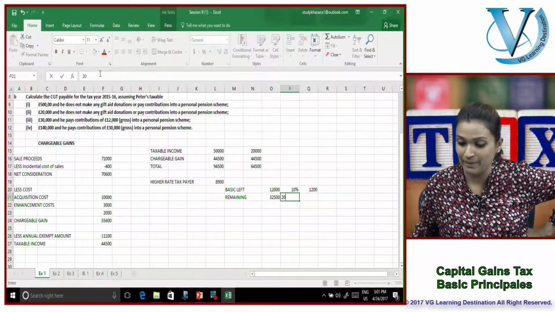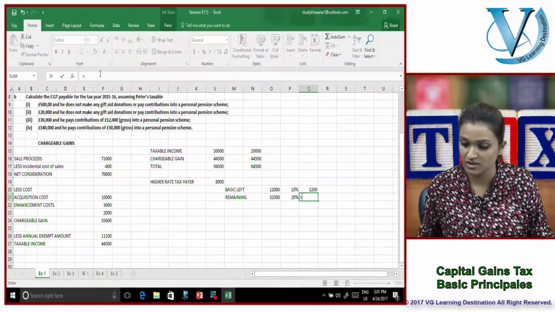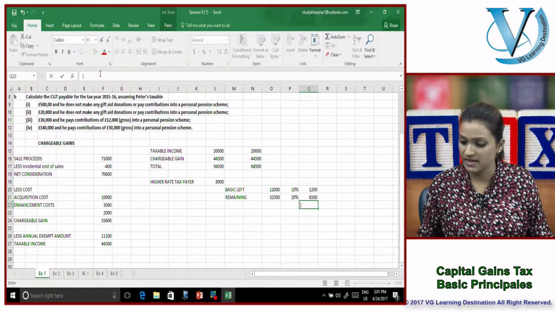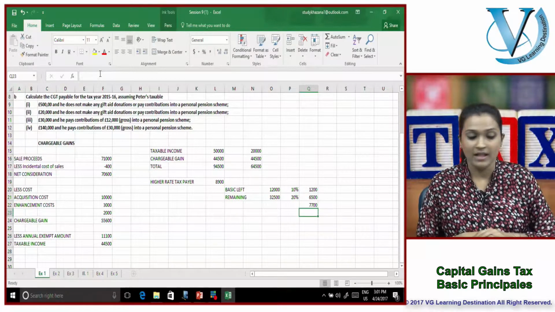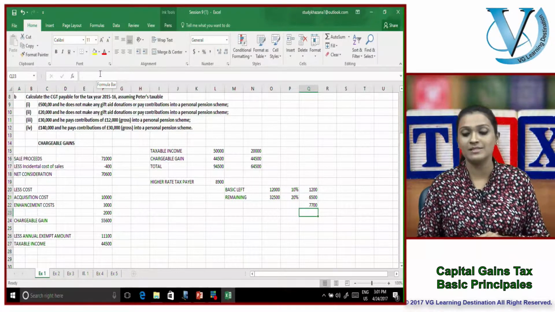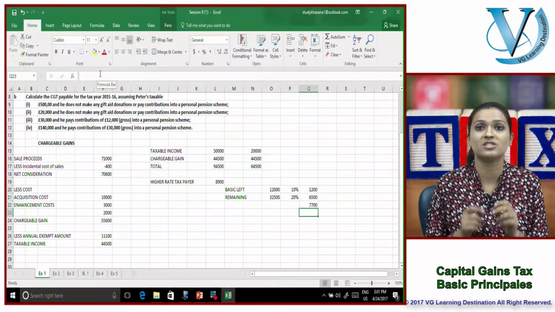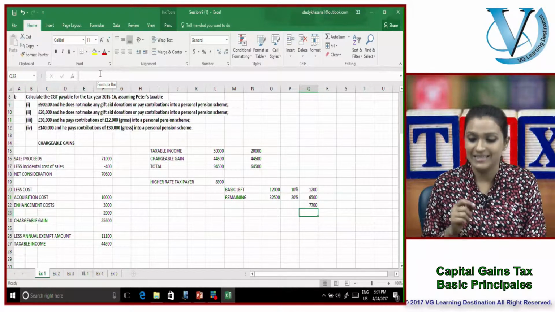So the remaining I pay tax at the higher rate band of 20% very simply, which turns out to be how much? Multiply by 20%, thus resulting in a total tax liability of 7,700 pounds if I have a taxable income of £20,000 along with the chargeable gain of £44,500, which I have just calculated.